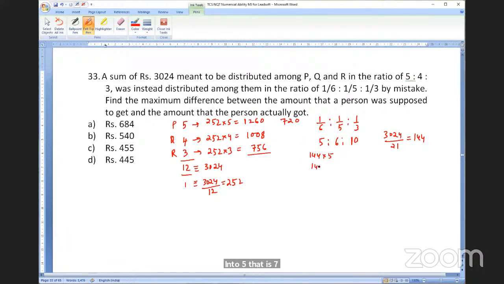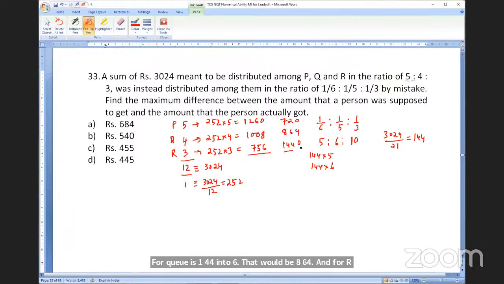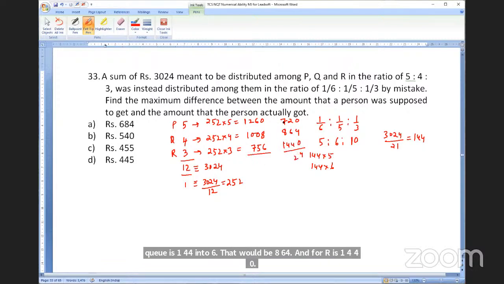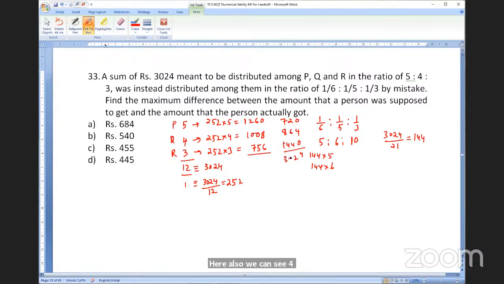For Q it is 144 into 6, that would be 864. And for R it is 1440. So this is what was the original distribution, and this is the new distribution. That's it. Now what is the question?